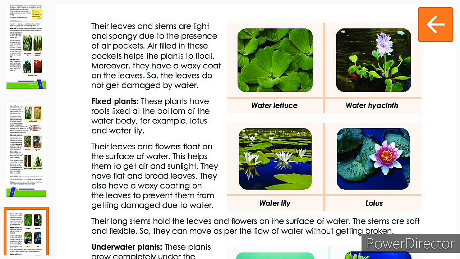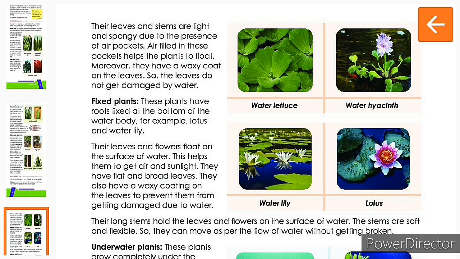So they can move as per the flow of the water without getting broken. Though it is flexible, with the flow of water it can move to any side without getting broken. So these are all about the fixed plants.